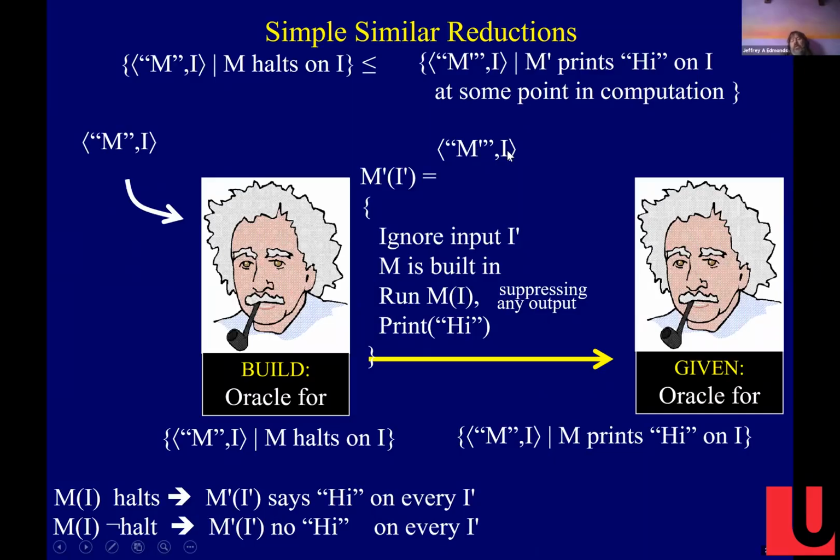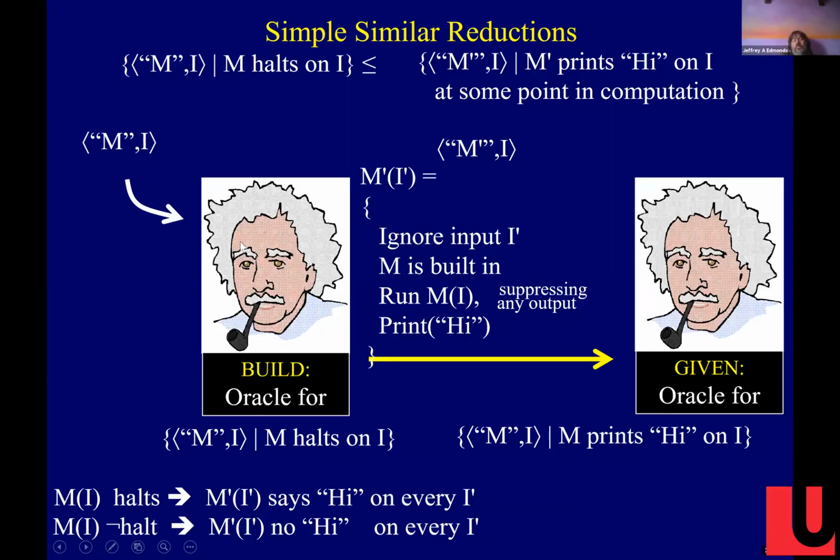We might as well give the oracle the same I, it doesn't matter. The oracle would say yes or no, based on whether this says hi or not, and we say the same answer, yes or no.